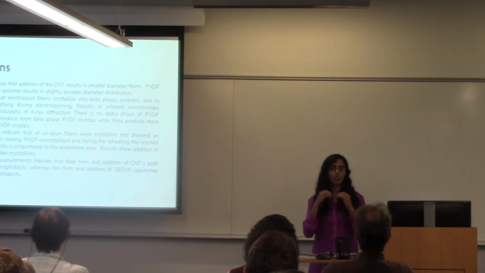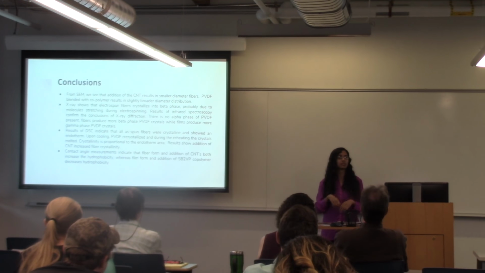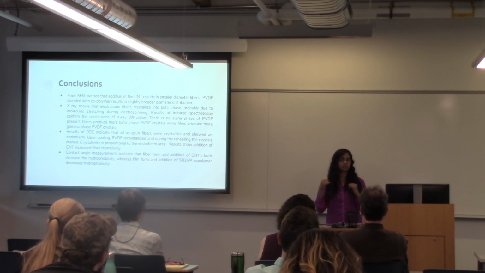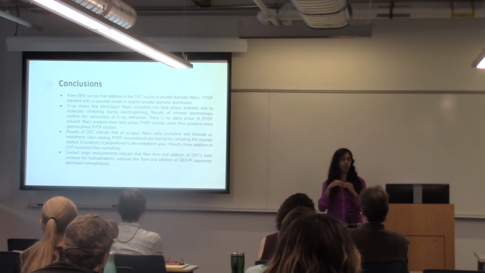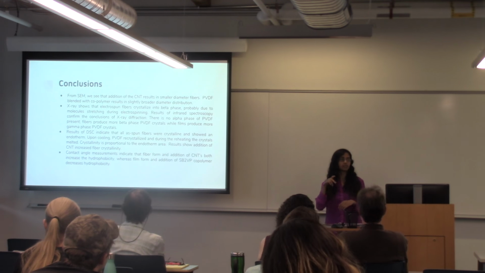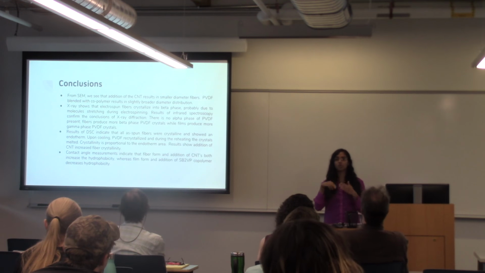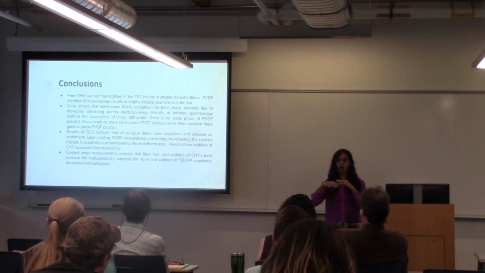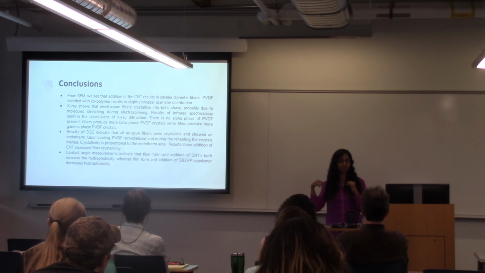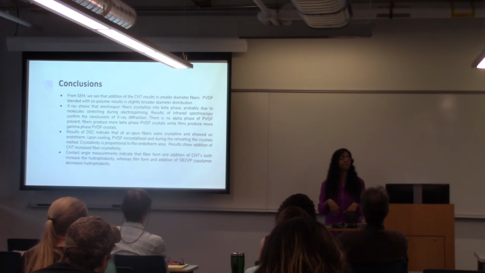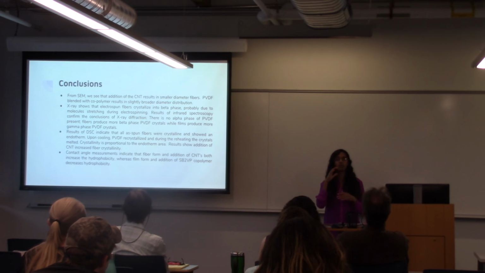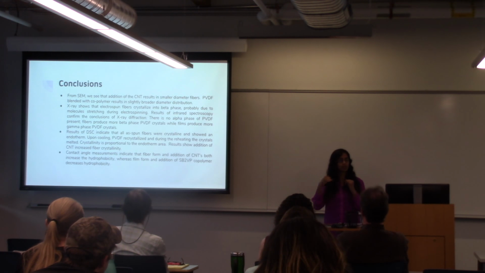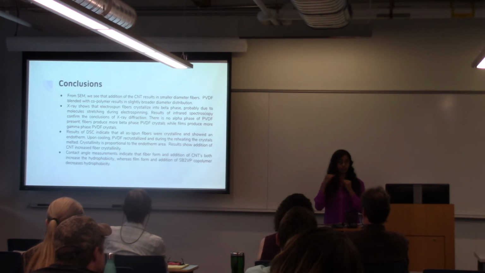Fibers produce more beta phase PVDF crystals. Films produce more gamma phase PVDF crystals. The results of the DSC indicate that all as-spun fibers were crystalline and showed an endotherm. Upon cooling, the PVDF recrystallized, and during the second heat, the reheating, the crystals did melt.